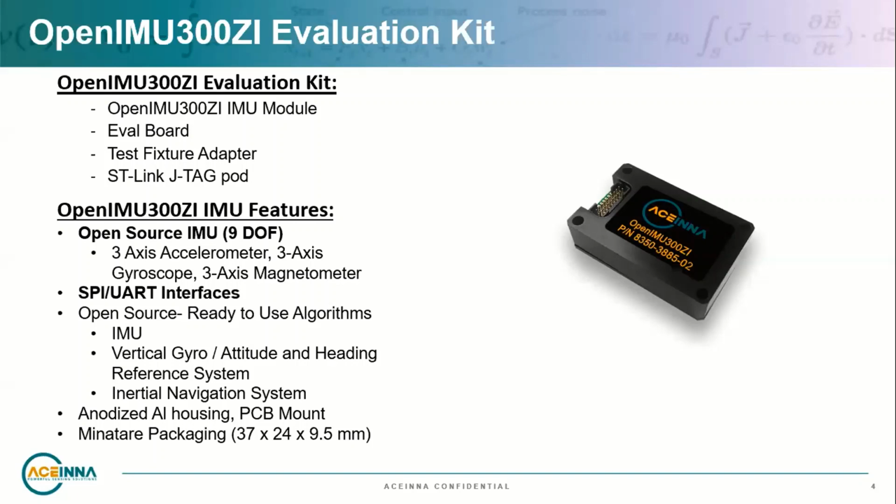We have the vertical gyro, attitude, and heading reference system application, which gives complete attitude information: roll, pitch, and yaw. And we have the inertial navigation system application, where you can connect external sensors like a GNSS receiver, steering angle, or odometer in order to get the complete ACEINNA solution with position, velocity, attitude, and other parameters as well. It comes in an anodized aluminum housing with a PCB mount, and it is a miniature package as well.